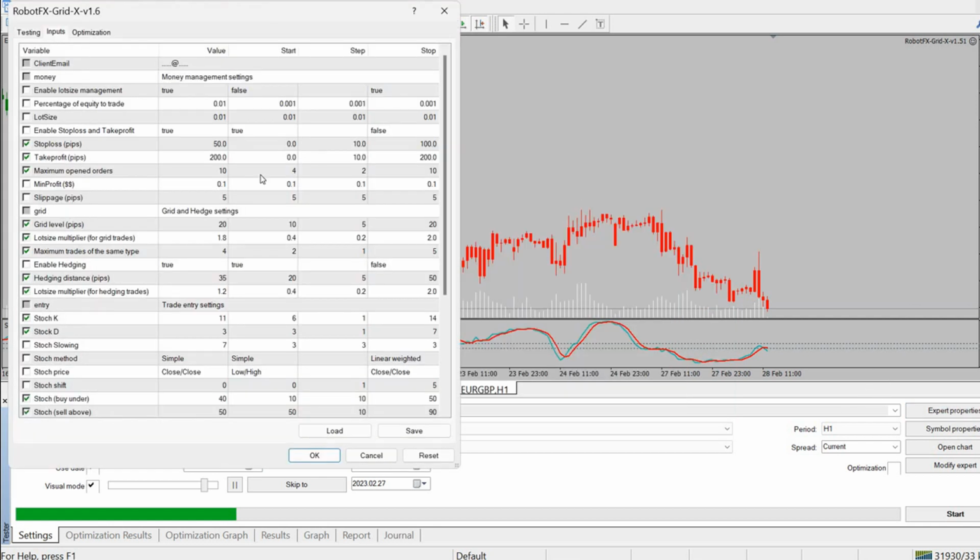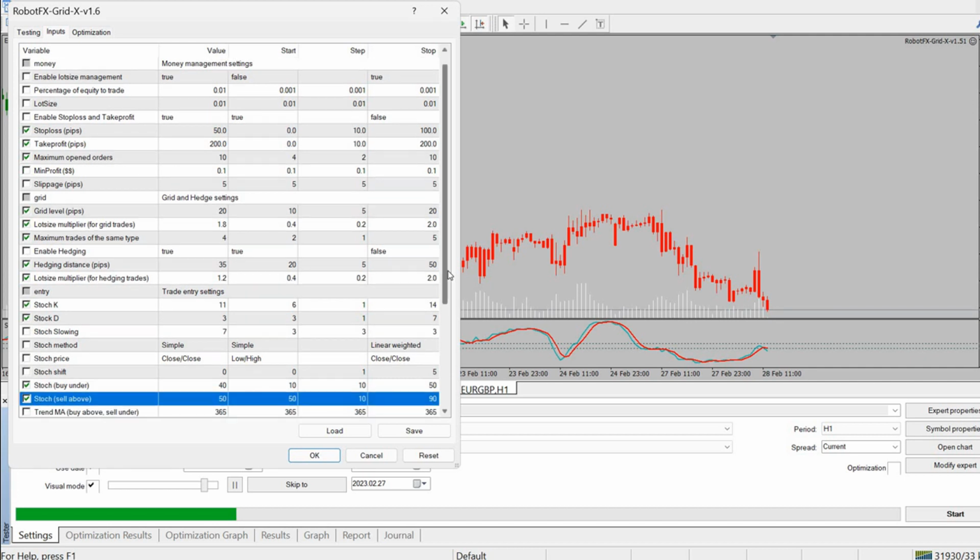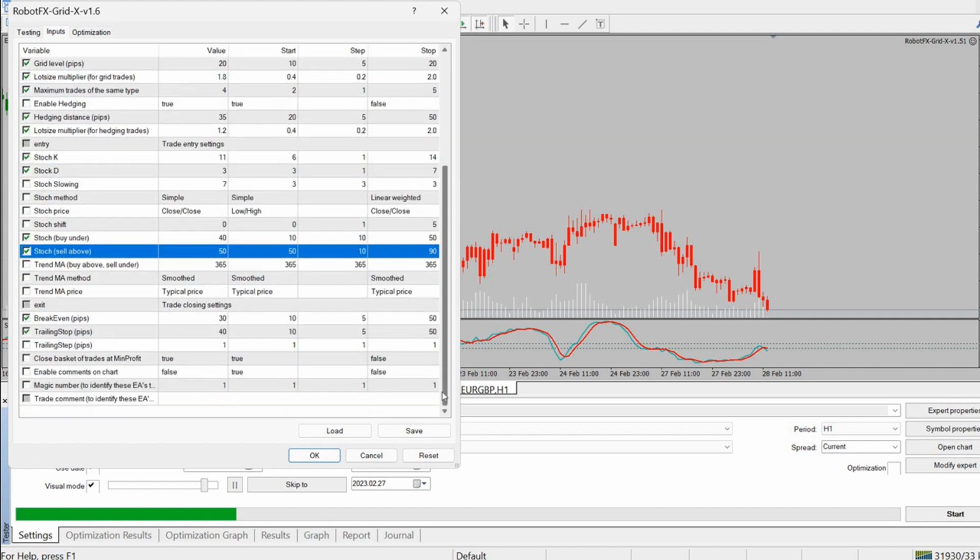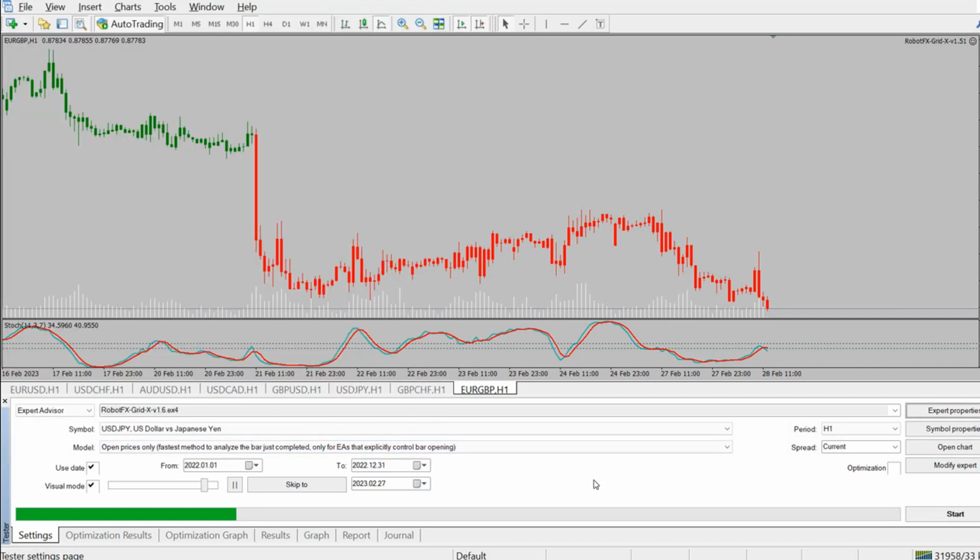These are the expert advisor settings that I'm going to use for this test. I have also changed the stochastic to reflect these settings, so you will see where the expert advisor enters trades based on the stochastic signal. Let's go.